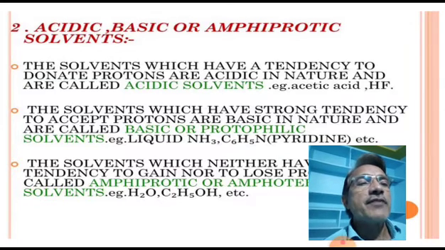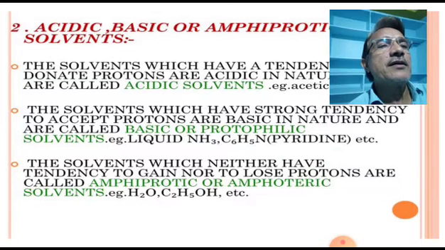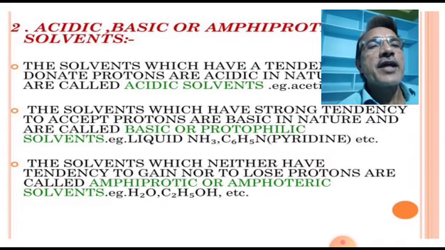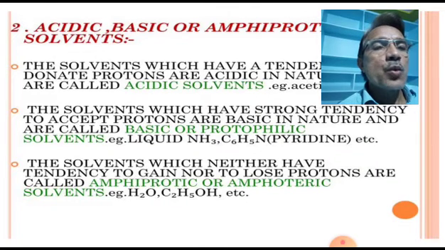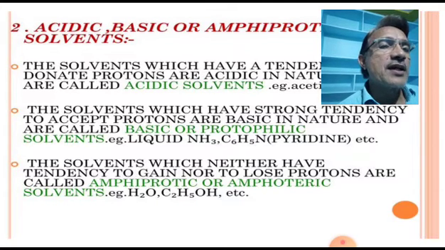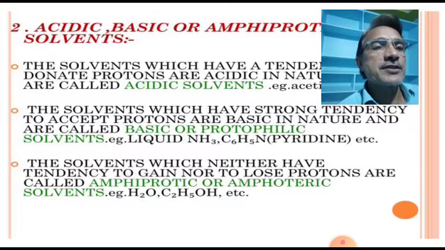Now, the third definition is wrongly printed. Sorry to say, the third definition in this slide is not correct. The solvents which have both the tendency to gain and lose protons are called amphiprotic solvents, or amphoteric solvents.